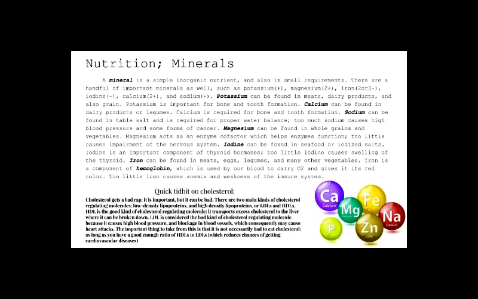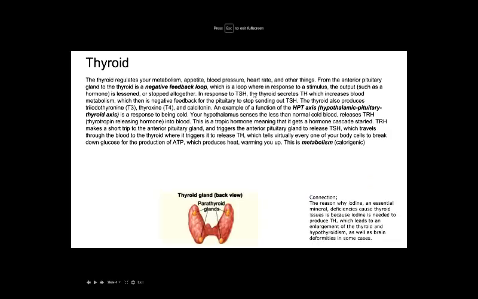Iodine is another one that is pretty complex. Iodine can be found in seafood or iodized salts. Iodine is an important component of thyroid hormones. When we're talking about thyroid hormones, we have T3 and T4.